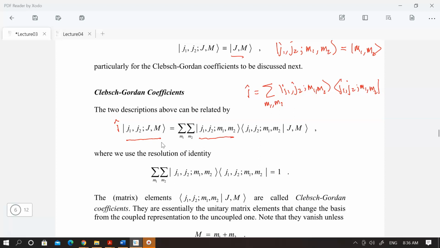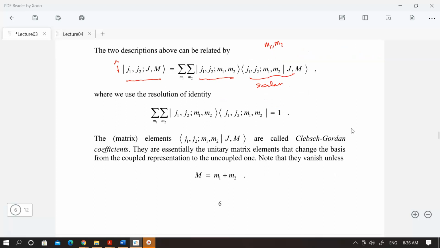Remember that this is a bra-ket, so this essentially is a scalar. So now I have a sum of some coefficient multiplied by this basis using the individual angular momenta. Actually I have it down here, the resolution of identity.